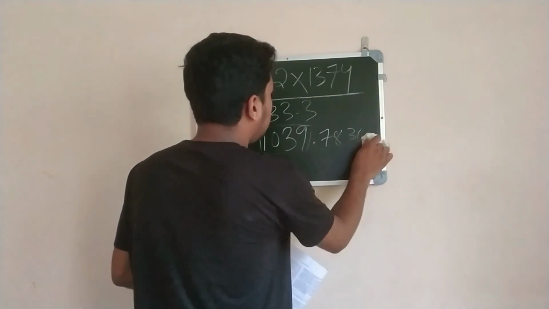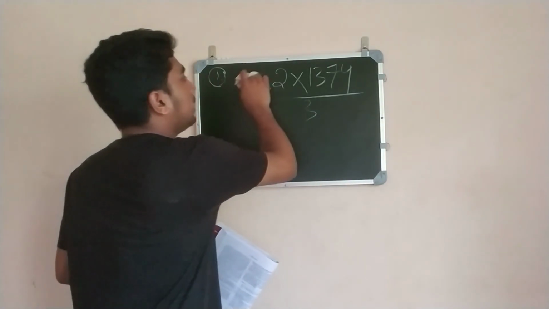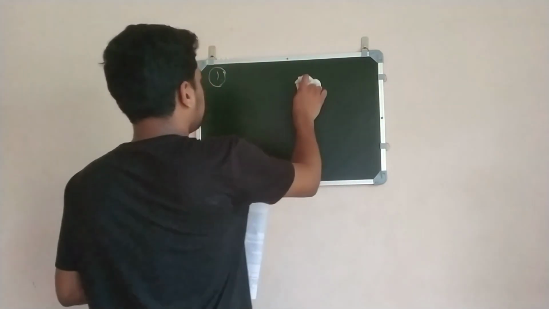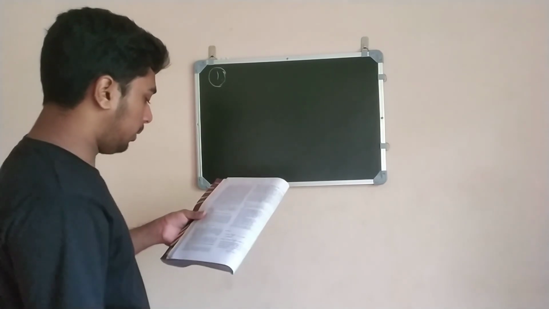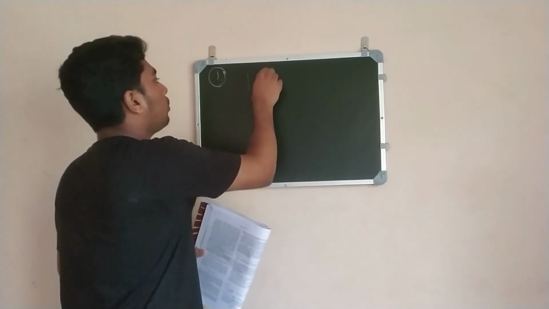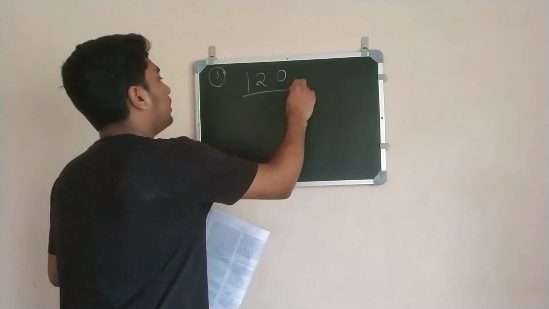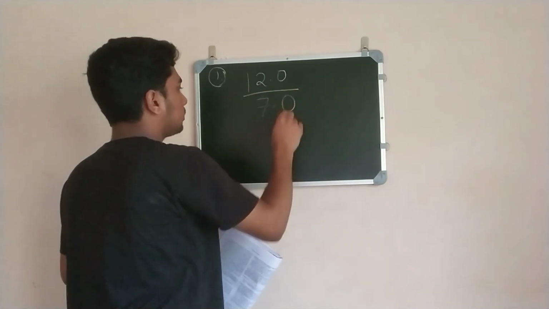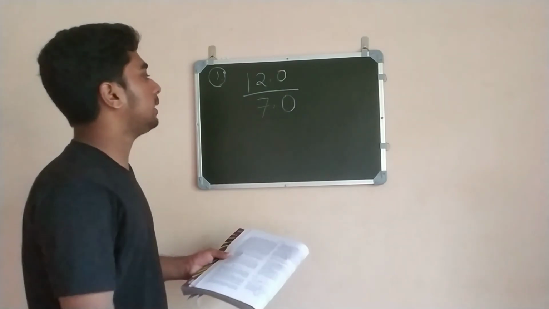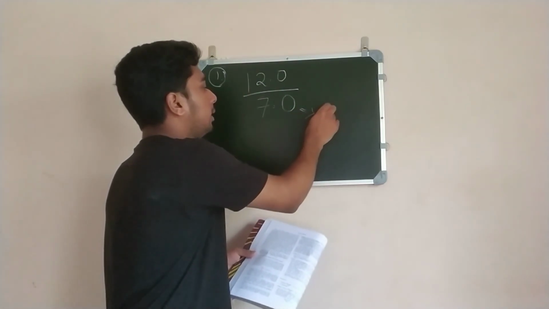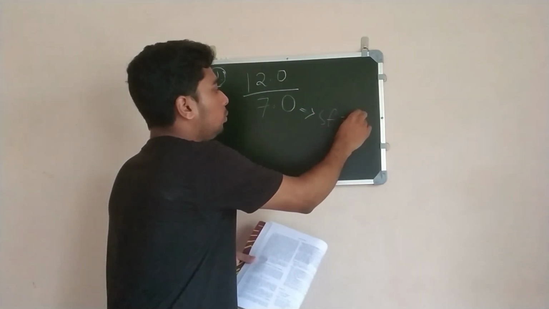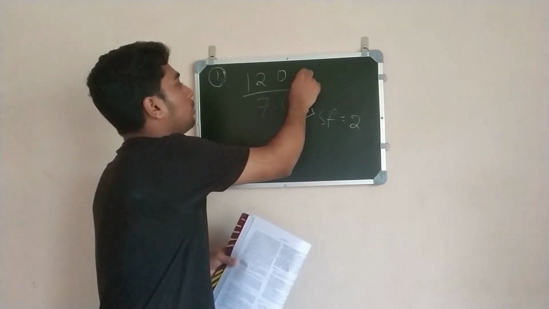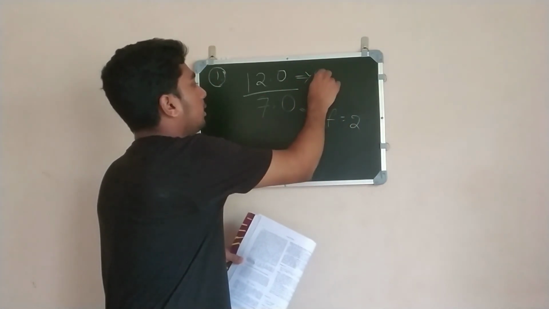But let's see another example. Suppose I have the numbers 12.0 by 7.0. In this case, I can see that here the number of significant figures is 2, and in the upper one, the number of significant figures is 3.